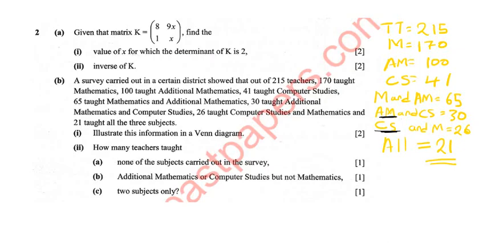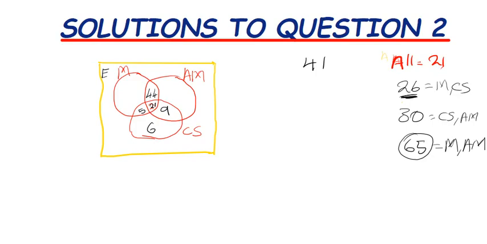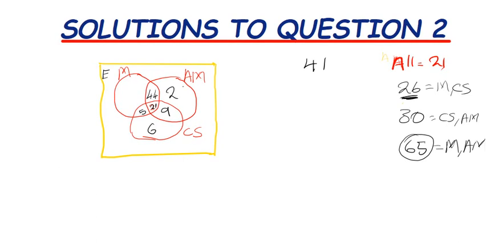And they have said additional mathematics, how many? They are 100. So first you can just say 44 plus 21 plus 9. Now this number you subtract from 100, and you are going to get 26 there.